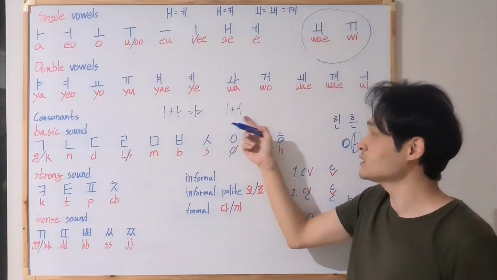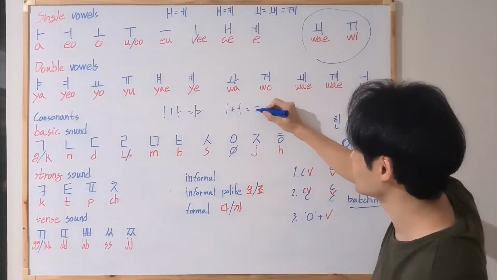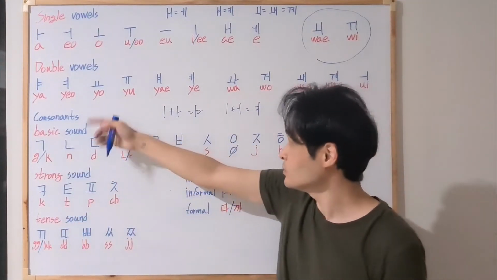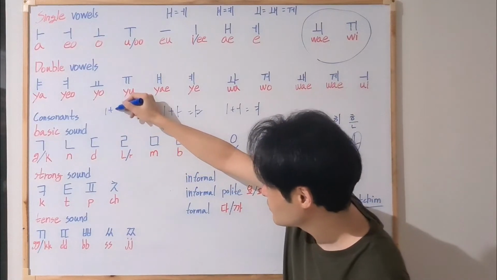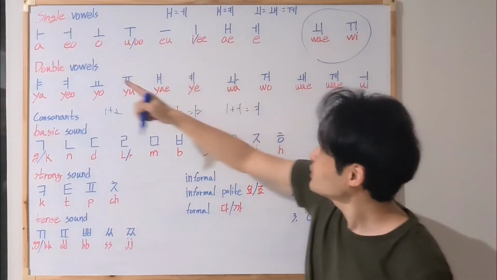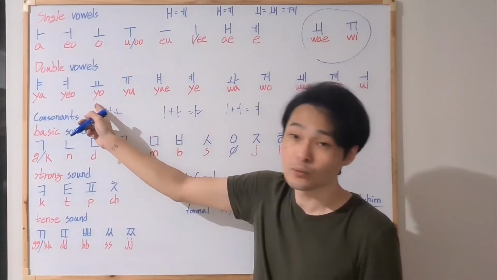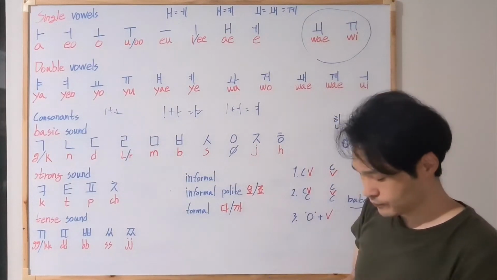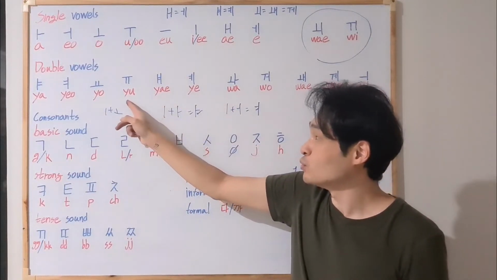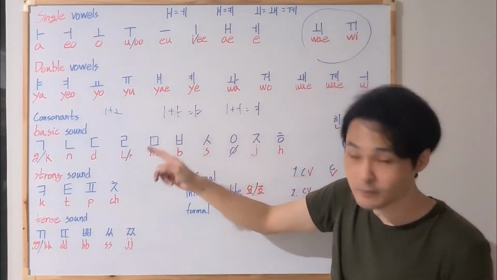Get fast. 여. Okay? This one 이 plus 오, 이오. 자, this one, 유. 자, this one too. The pronunciations can be same. 예.